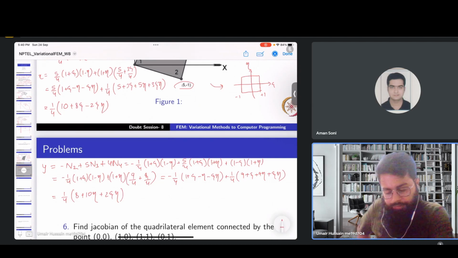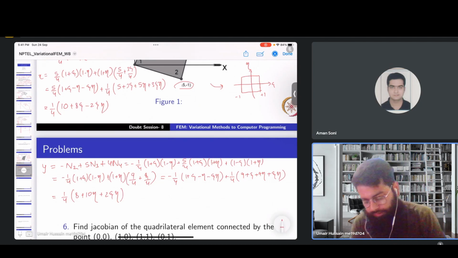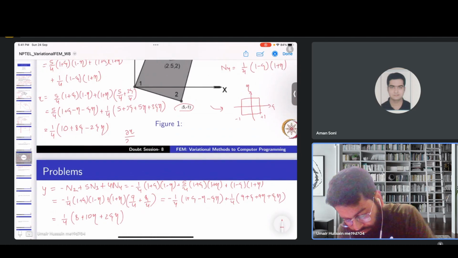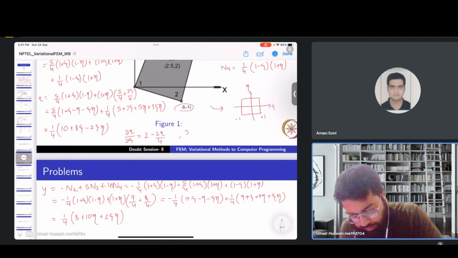Okay, I hope this is correct. All right, so to find the elements of Jacobian, just take the derivative here. So we have 8 by 4 and minus 2 beta, and 8 by 4 minus 2 beta, which have minus.